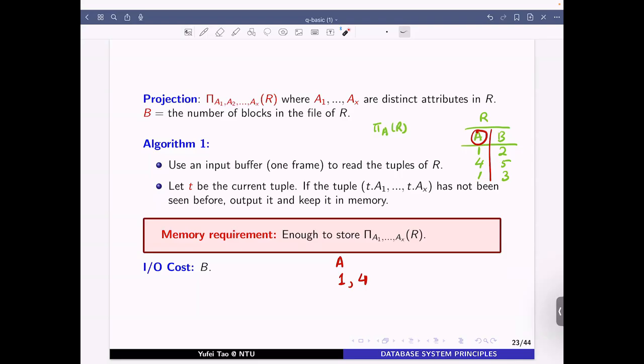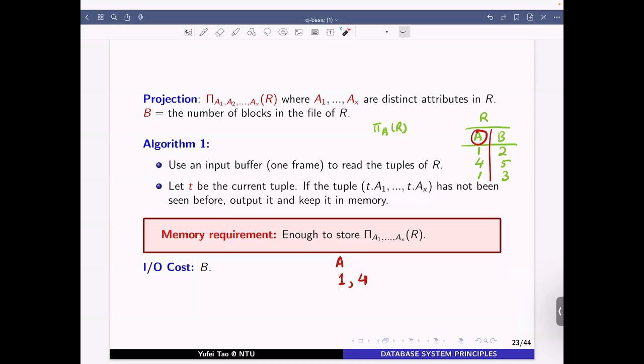You use one input buffer to go through the entire relation, and look at the next tuple. If the sequence of values under the projection attributes has not been seen before, you keep the sequence in the main memory. So this is what we did.